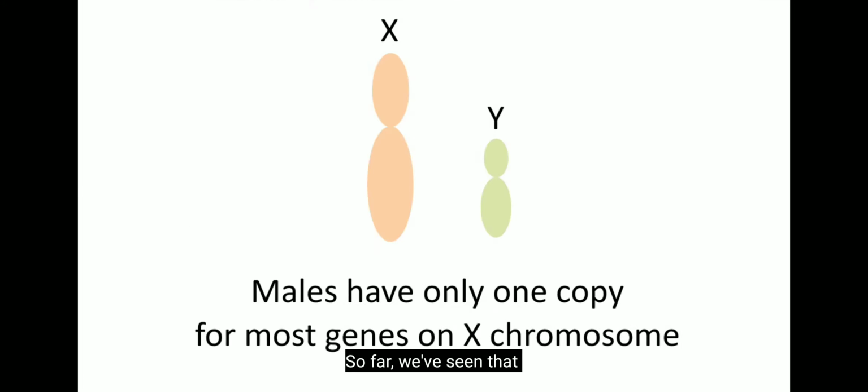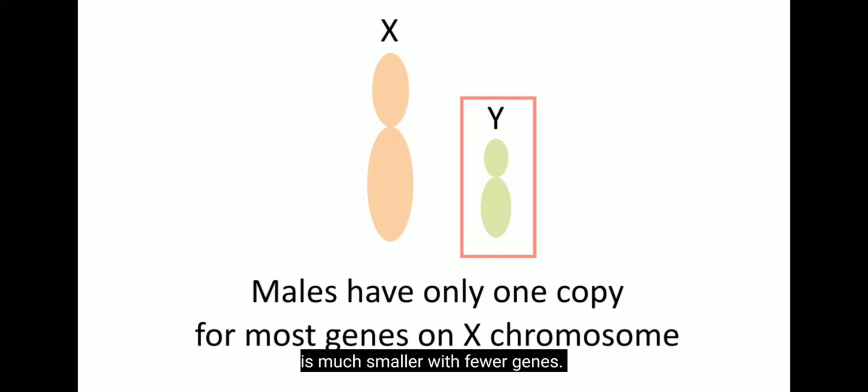So far, we've seen that we have 2 copies of each gene. The last pair of chromosomes is an exception. Recall that males have an X chromosome and a Y chromosome. The Y chromosome is much smaller with fewer genes.